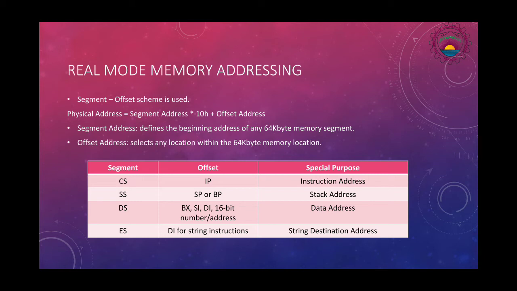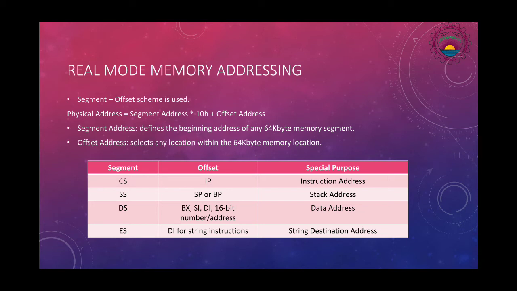So segment address defines the beginning address of 64 kilobyte of memory segment, while offset address selects any location within the 64 kilobyte memory segment or location. There is a table given in this slide showing the segment offset scheme.